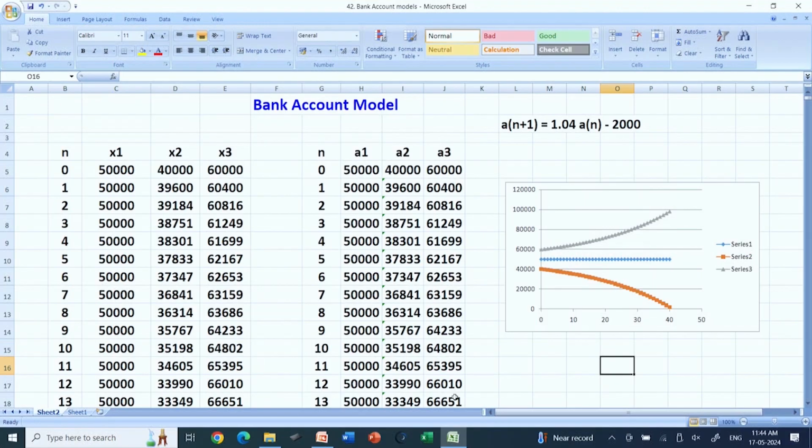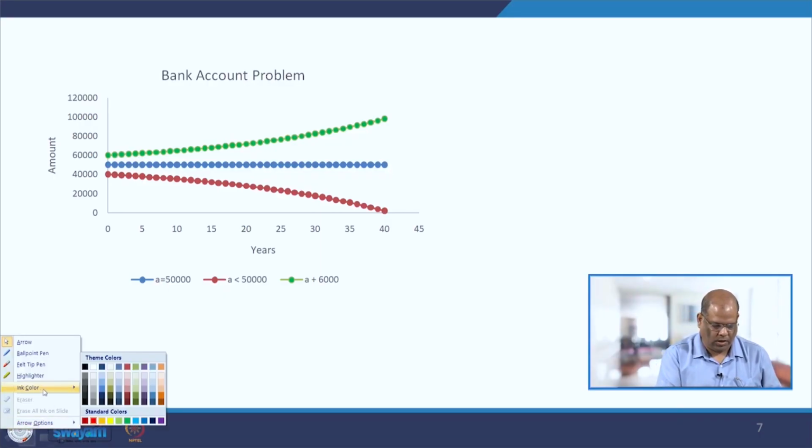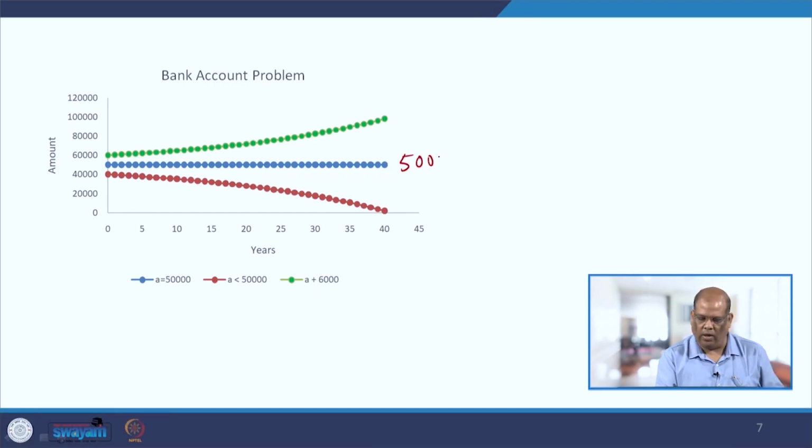We have this kind of chart which you can see on the slide. When this is 50,000, you get a constant one. If you make your initial deposit 50,000 as shown analytically, your account will maintain 50,000 throughout, and even if you withdraw 2,000 from here, it is going to maintain 50,000.